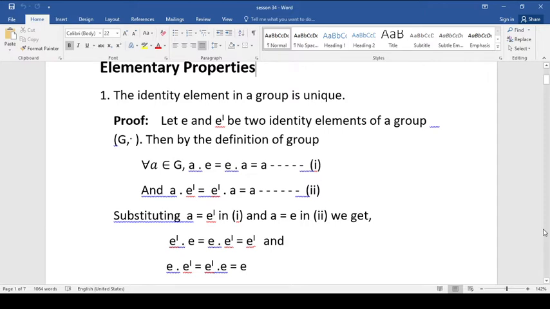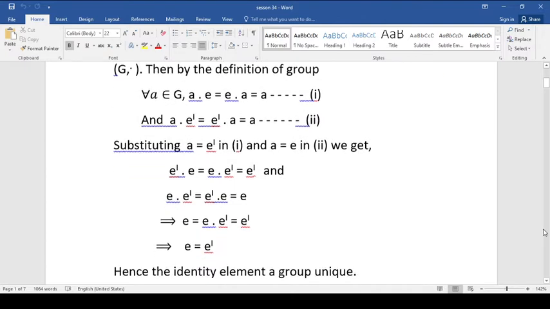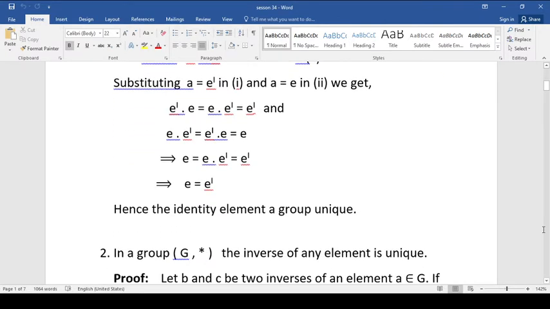And then in equation 1 substitute A is equal to E dash, and in the second one substitute A is equal to E. Then we have E dash into E is equal to E into E dash is equal to E dash, and E into E dash is equal to E dash into E is equal to E. So by seeing the above two, we come to know that E can be written as E is equal to E into E dash, that is equal to E dash.